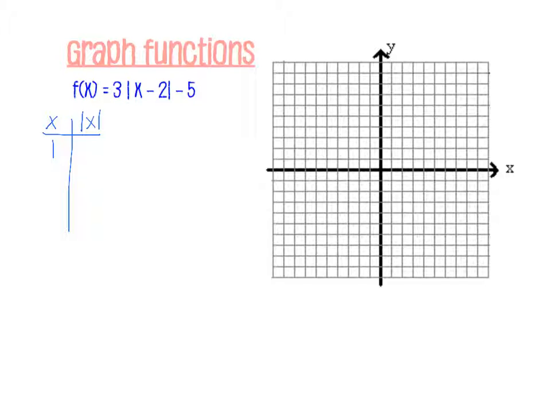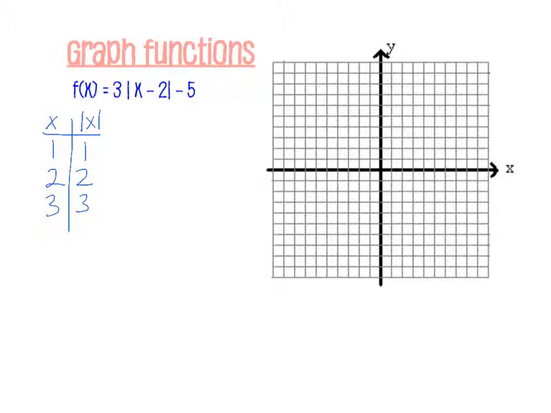You're going to go over 1, up 1, over 2, up 2, over 3, up 3. That's the rate of change for it. Now we know that it should look like a V, and so I could put in a whole bunch of numbers, but my goal is to probably avoid having to do this every single time and just remember what it looks like. But you can always go back to a table if you've forgotten.